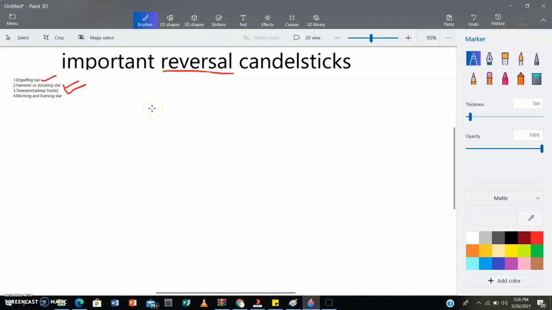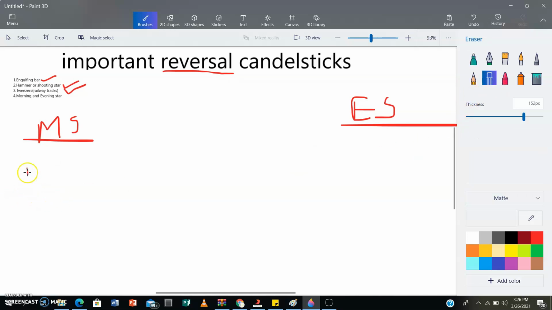Now we're left with the morning and evening star. The morning star, which I'll call MS, and the evening star, which I'll call ES. The morning star's structure is simple.